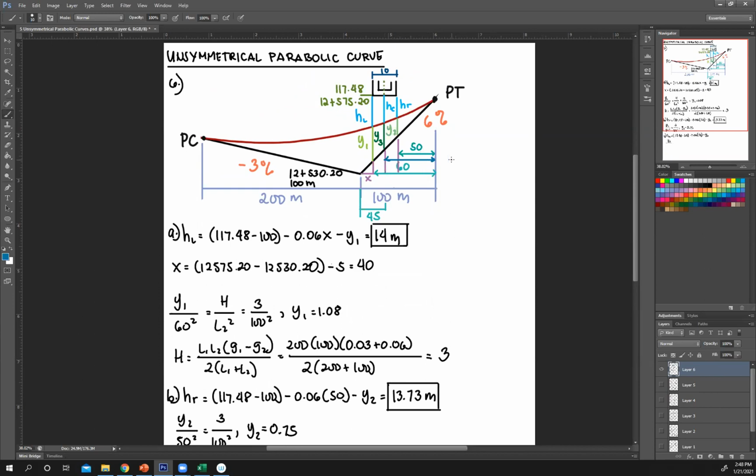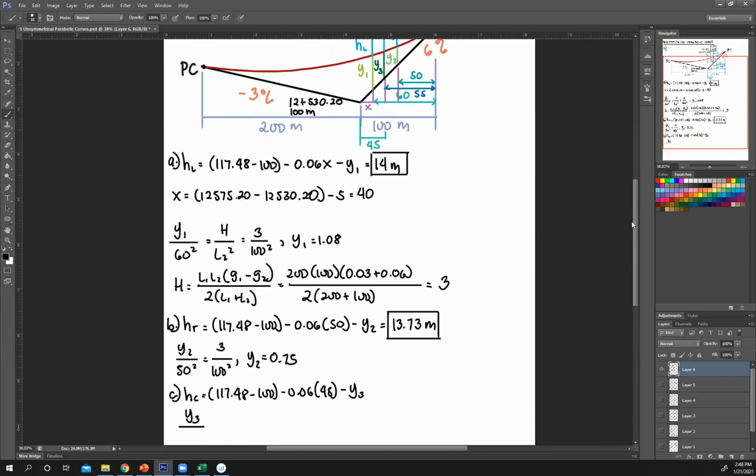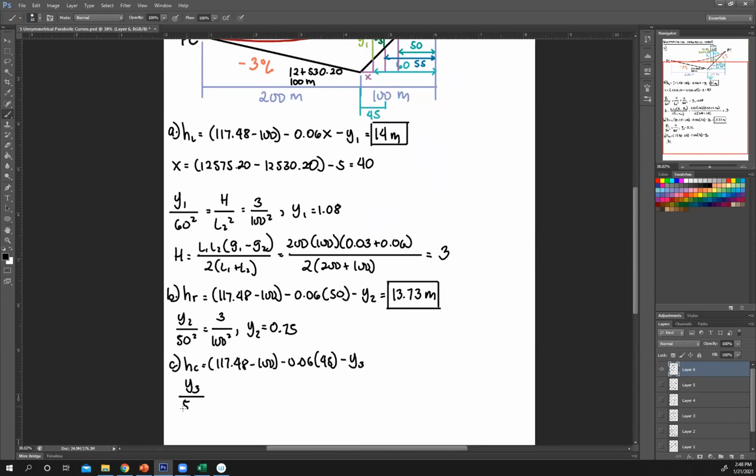So that's just 100 minus 45, which is 55. 55. So 55 squared equals 3 over 100 squared. What's y sub 3?